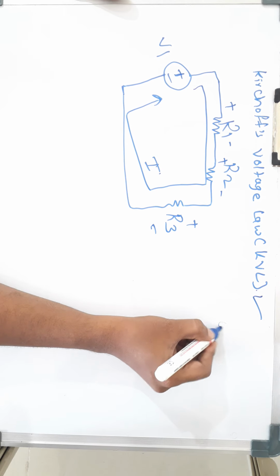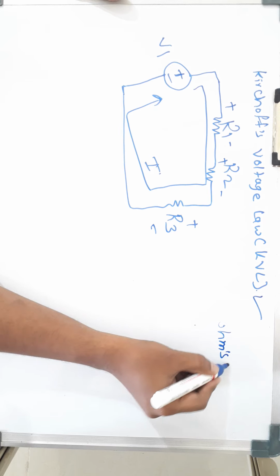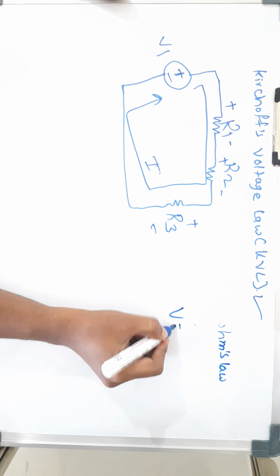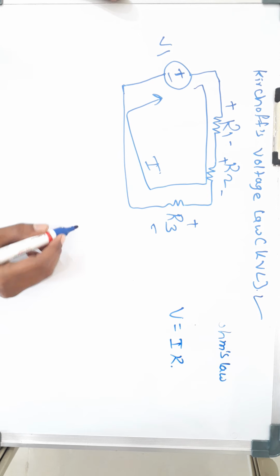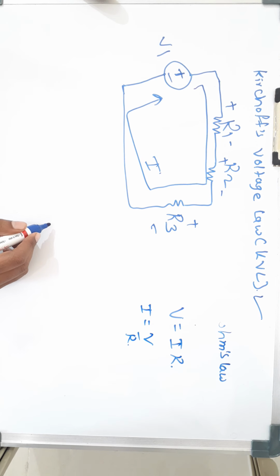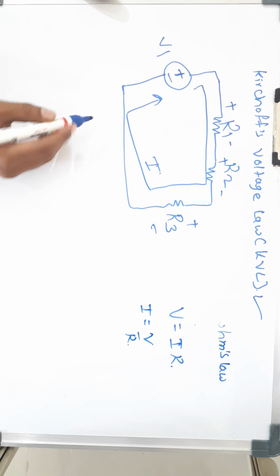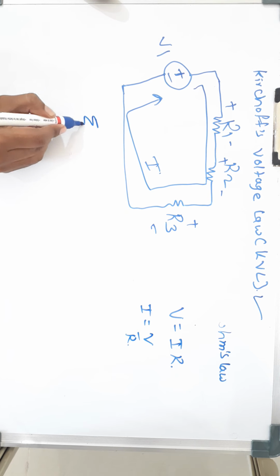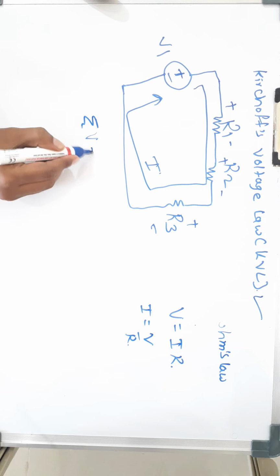Already we must know Ohm's law, that is V equal to I into R. So I equals V by R.